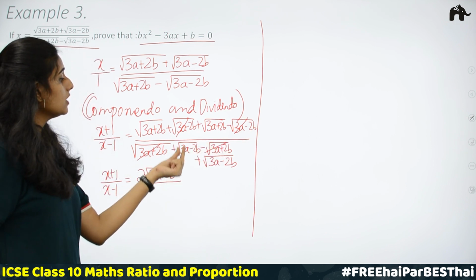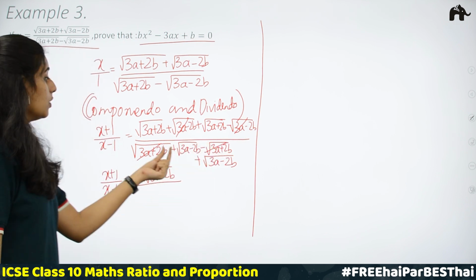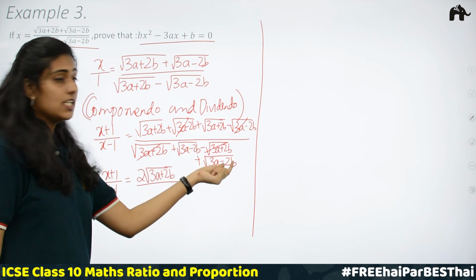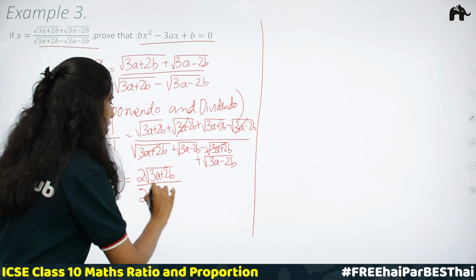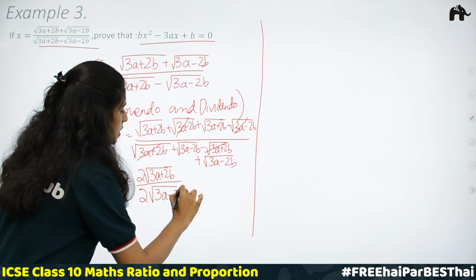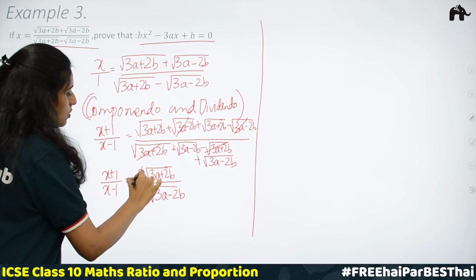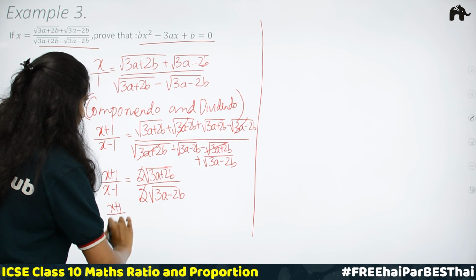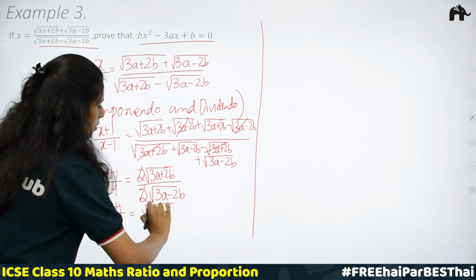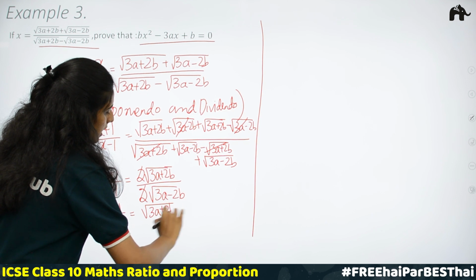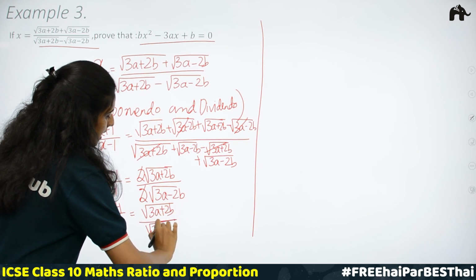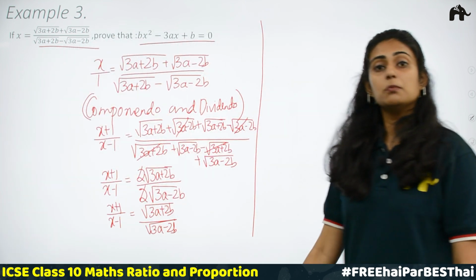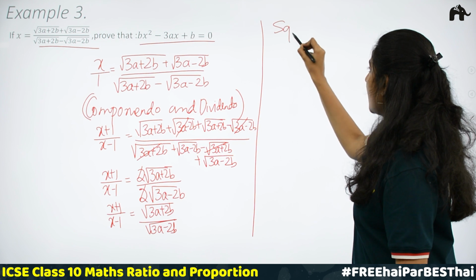Then root of (3a minus 2b) plus root of (3a minus 2b), that is 2 root of (3a minus 2b). This 2 and this 2 can be cancelled. We have (x plus 1) by (x minus 1) is equal to root of (3a plus 2b) divided by root of (3a minus 2b). Next step, we are squaring on both sides.